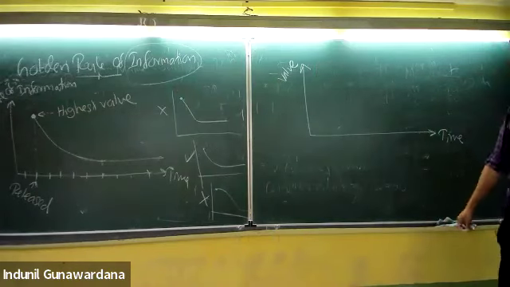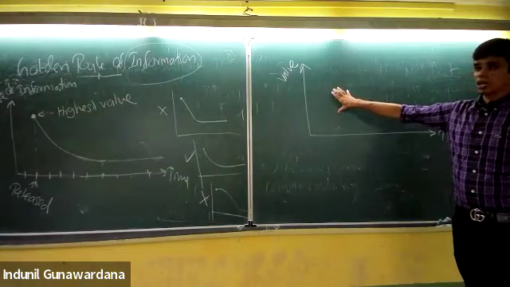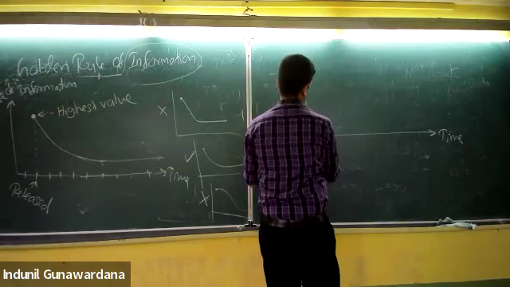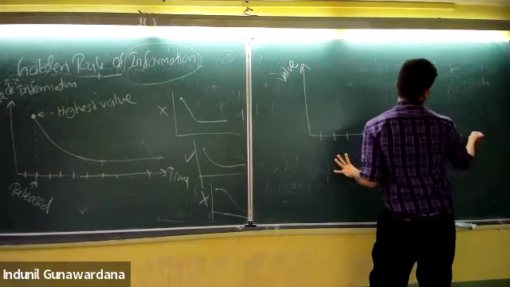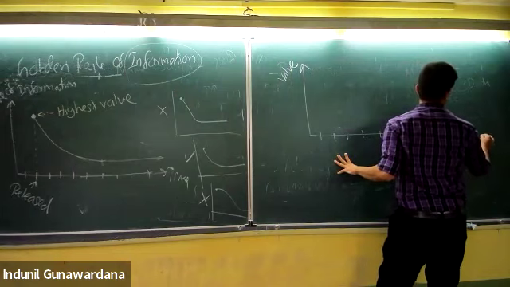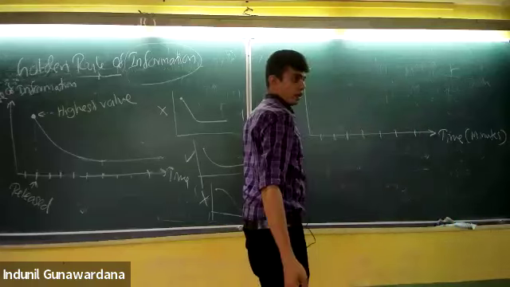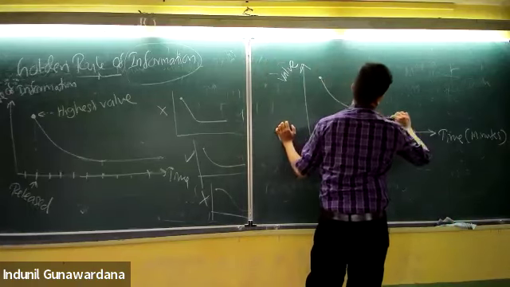Right. Now, the next thing, I'm preparing a graph in this manner. Please look at the board and see what's going on there. This is the time, maybe in minutes. This side we have the value. So I'm having a graph like this.